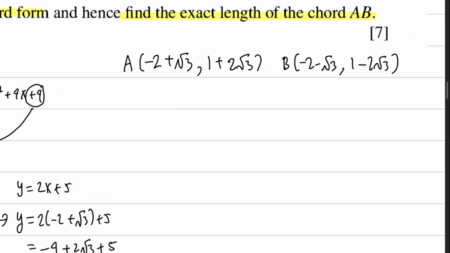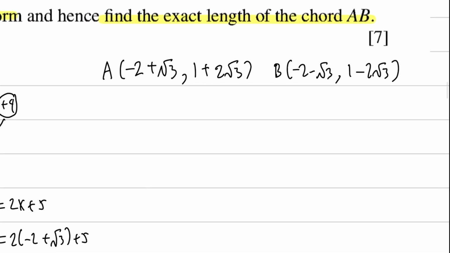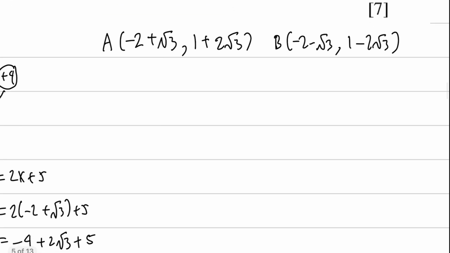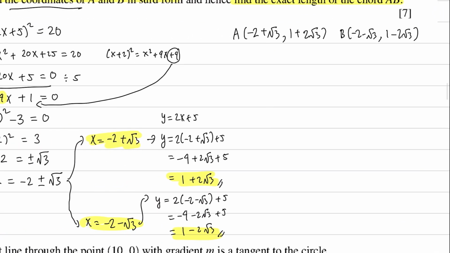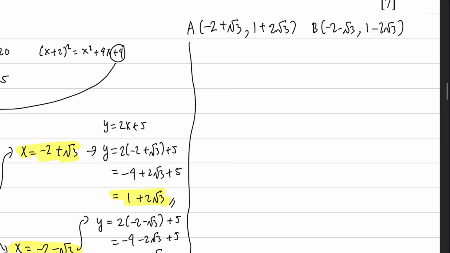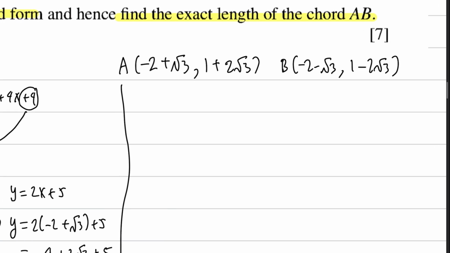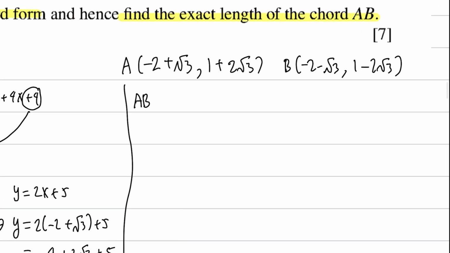Now, the next question: find the exact length of the chord AB. To find the exact length of the chord AB, we apply the distance formula. Let's find the distance between A and B. Use the formula square root of... So, we subtract this with this.